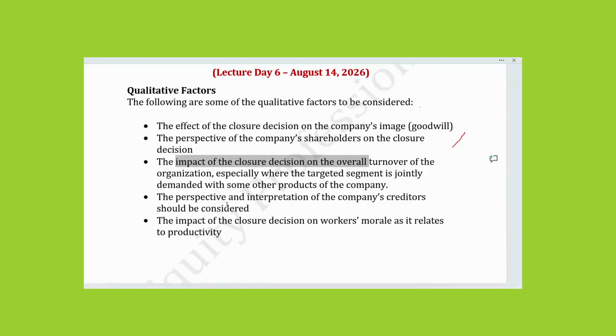They have lent the company the money to establish the particular segment. If you are no more producing, how would they react? How would the creditors react to the closure decision? So you need to consider the reaction as well as the interpretation of the closure decision by the company's creditors.